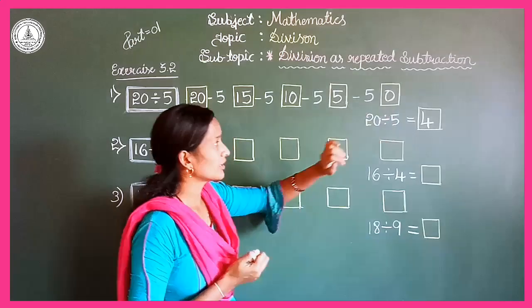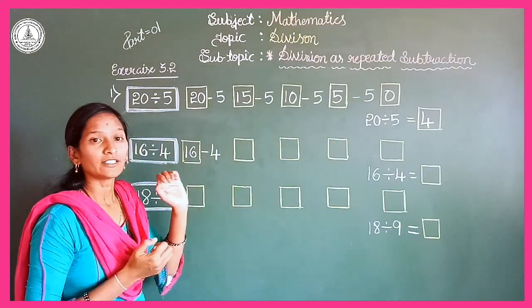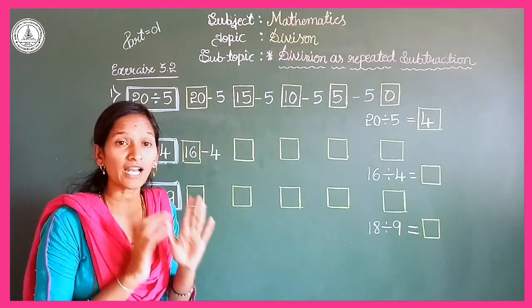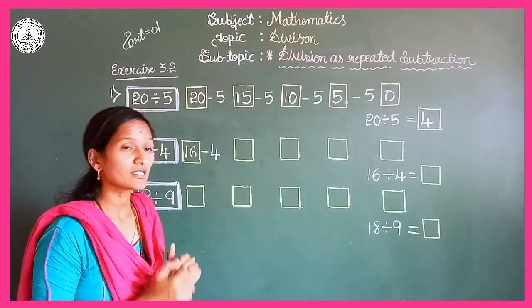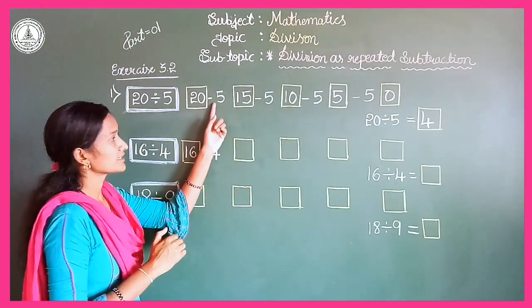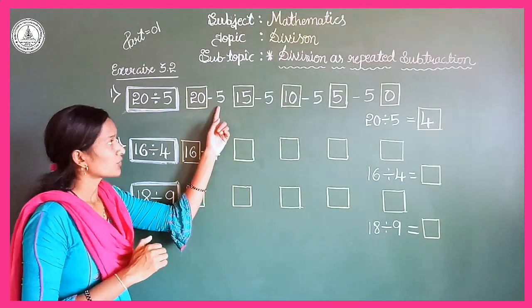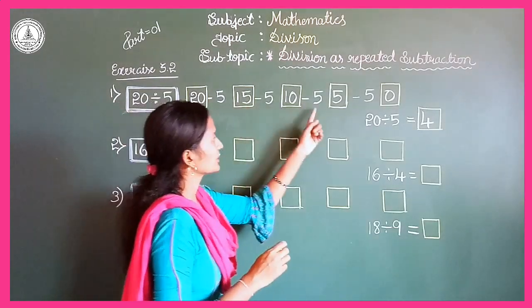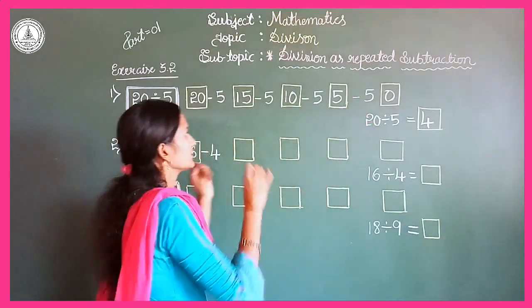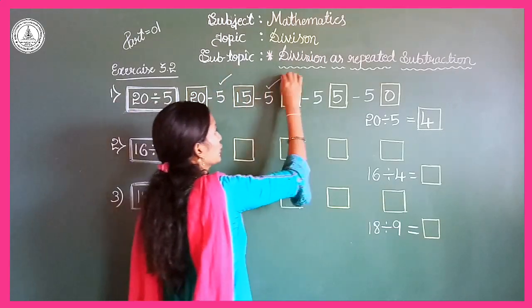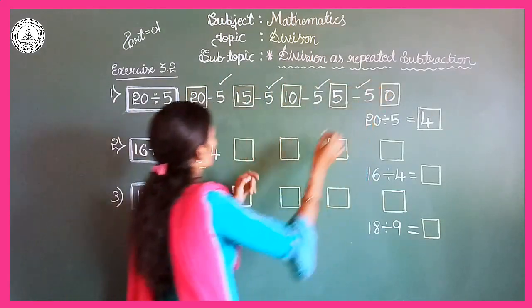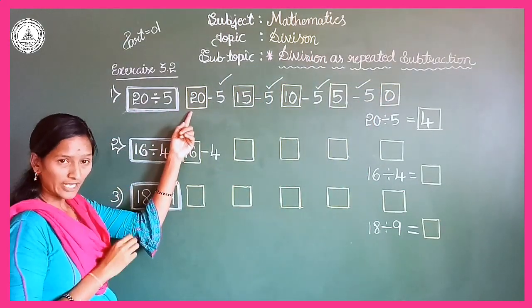Right? So here, the number 5 is subtracted how many times? See here, this is the symbol of subtraction, right? So 1, 2, 3, 4. Here the number 5 is subtracted 4 times from 20, right?